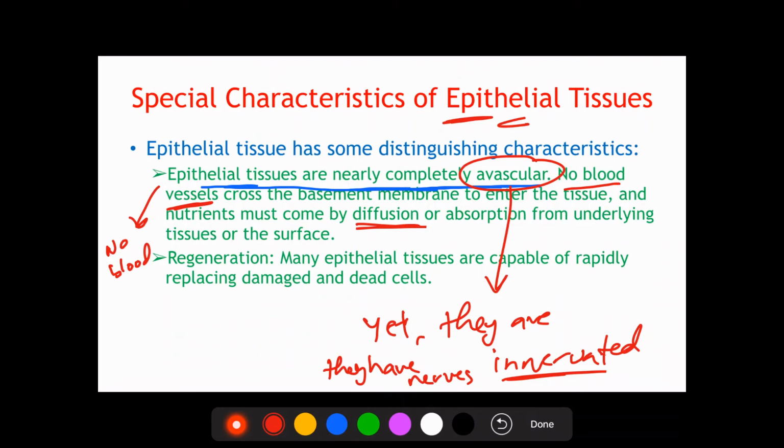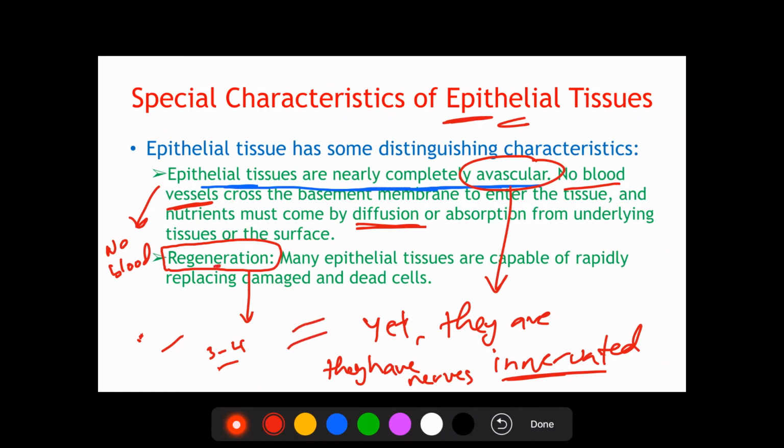And the fourth one, and this is something very unique to the epithelial tissue, not all the tissues in our body can do it, is regeneration. They can easily regenerate and replace themselves. That's why, for example, a small scratch on your skin will take like 3 to 4 days and it will be gone. Or if you burn your mouth, or you cut through your skin, or there is a burn on your skin, in a few days it can go away.